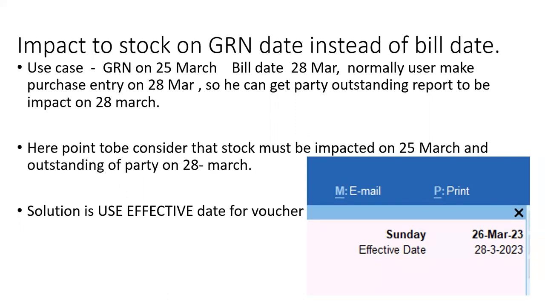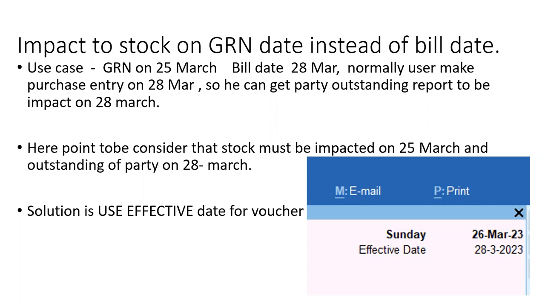So my stock statement must always show it on 25th March as inward. That is required, otherwise it will go negative. It means 25th March stock was 0, and if I consume it on 26th March, it will be negative. So I have to show my stock on 25th March. Correct. One side is done.